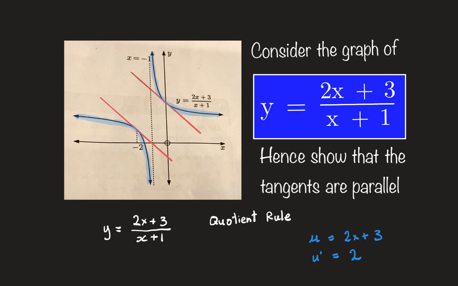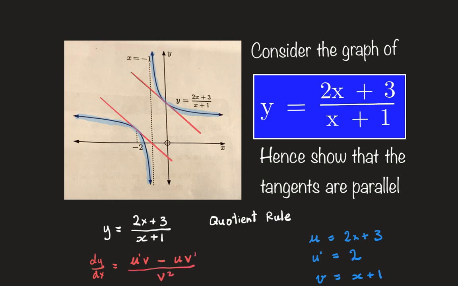Now we will differentiate the denominator, which we'll call v, and that's x + 1, and v' is equal to 1. And according to the quotient rule, if we want to differentiate that, we need to use u'v - uv' over v squared.